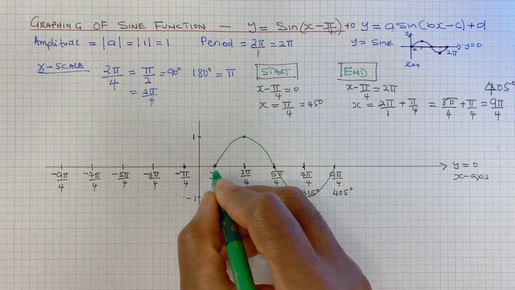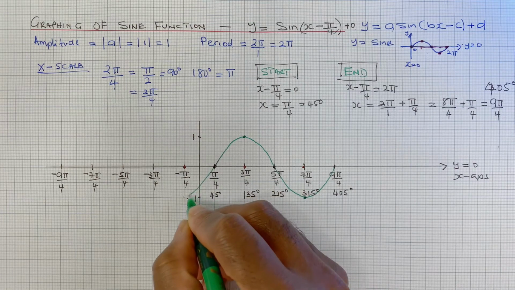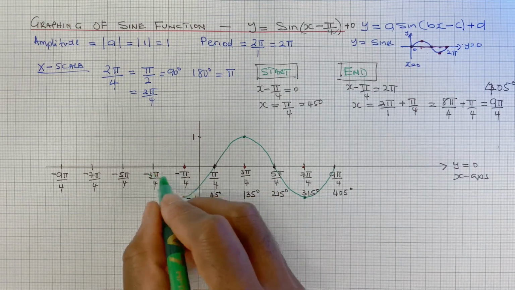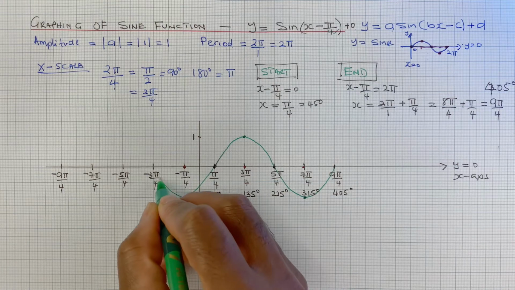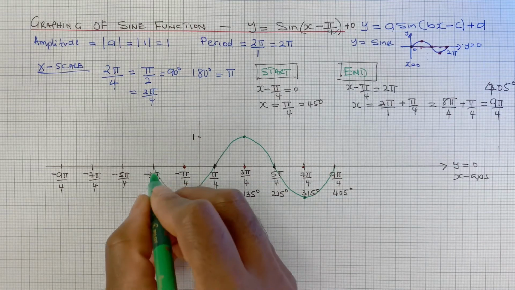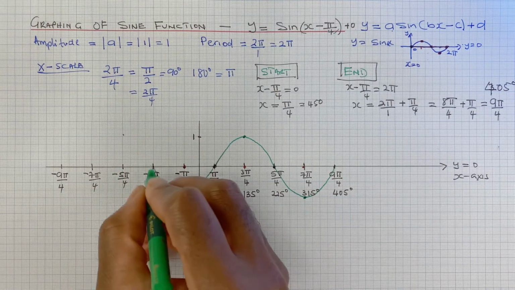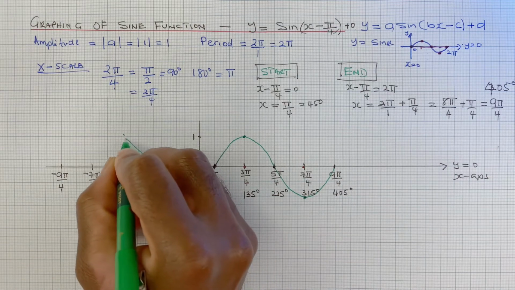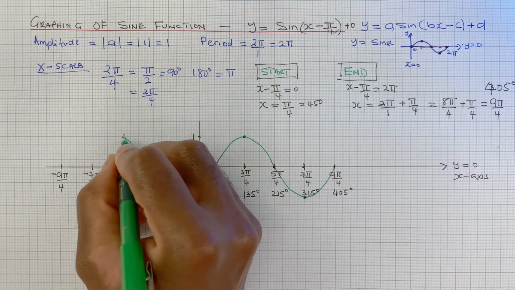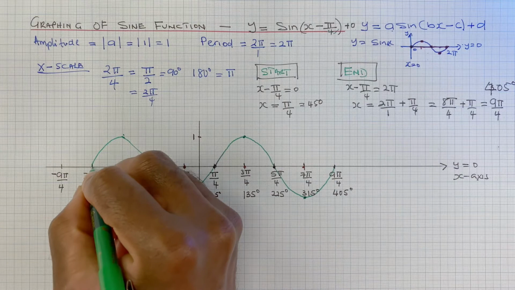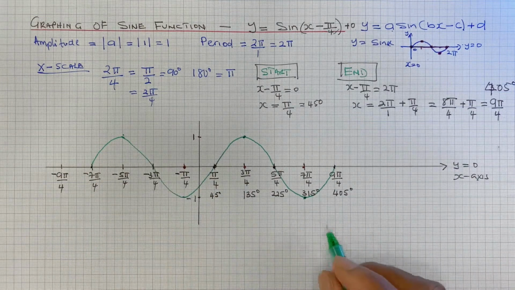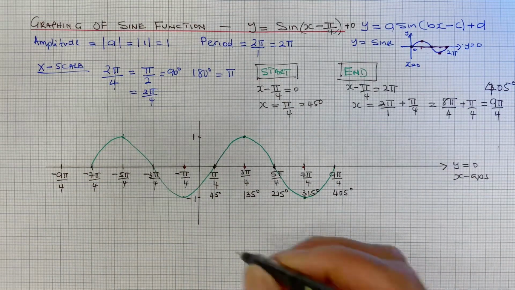So it will be minus 1 there. And then it gets back to 0. And then it goes back to 1. And then it gets back to 0. So that's the sine graph there.